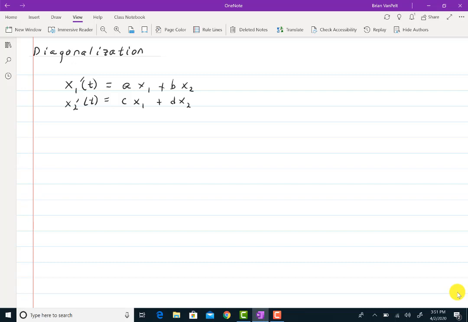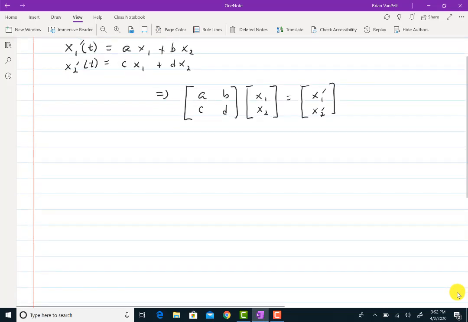Now that system of equations translates to the following matrix equation. So here's a system of differential equations.